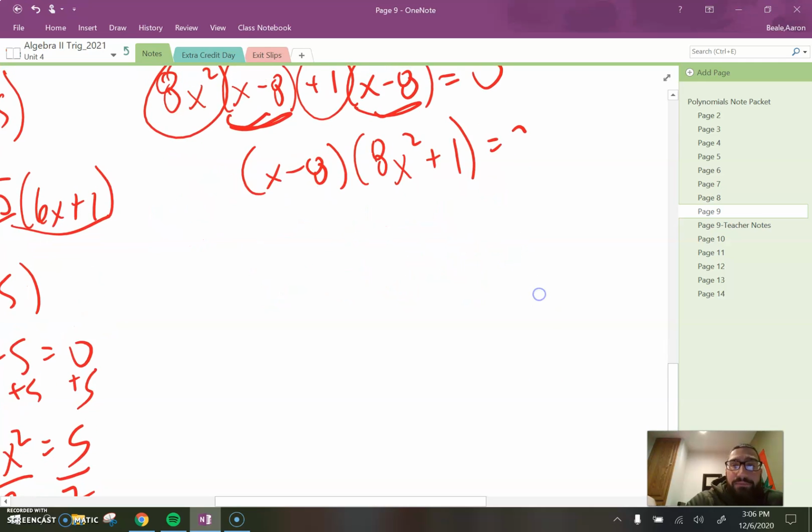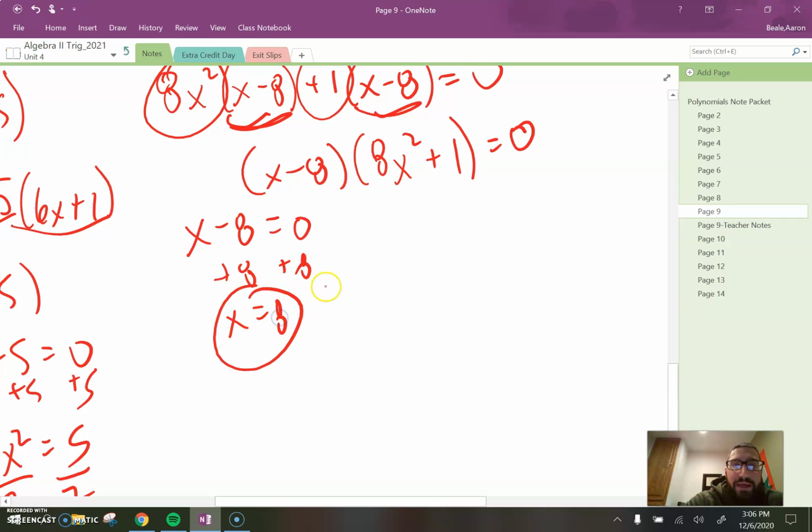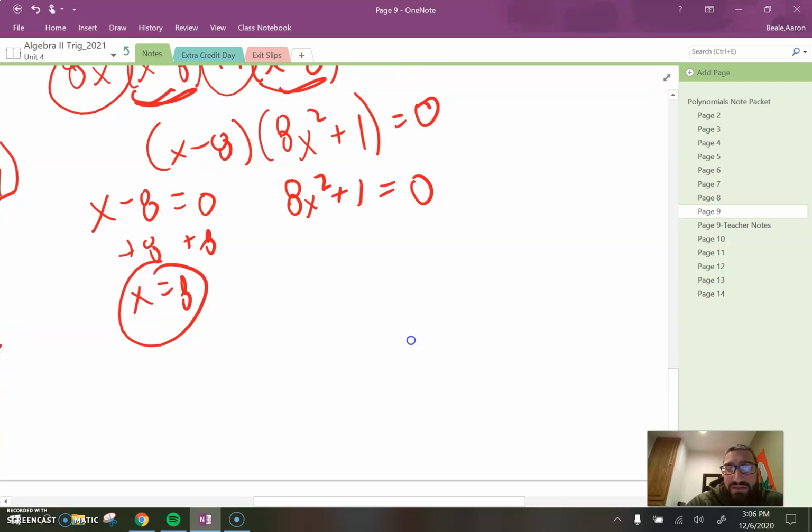Okay? Now, this is pretty straightforward. x minus 8 equals 0, add 8, and x equals 8. Now, your teacher may go to a different length here with this section right here, this 8x squared plus 1. I'm going to work it as far as I think is fair for this course.